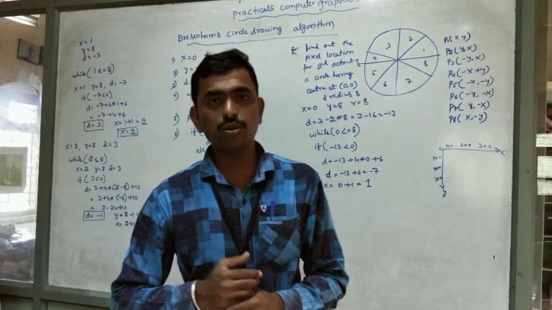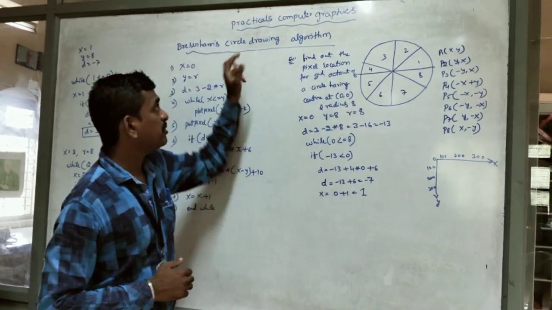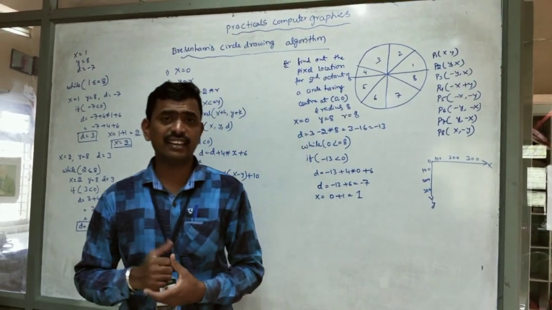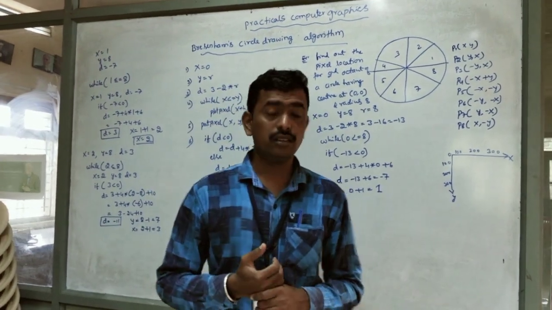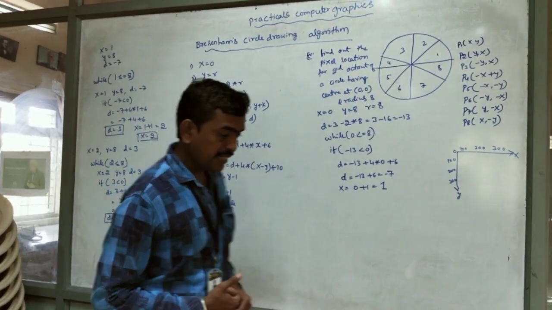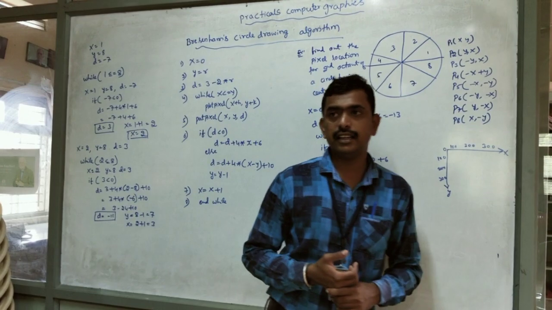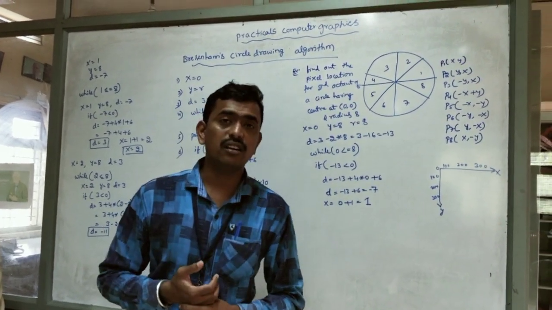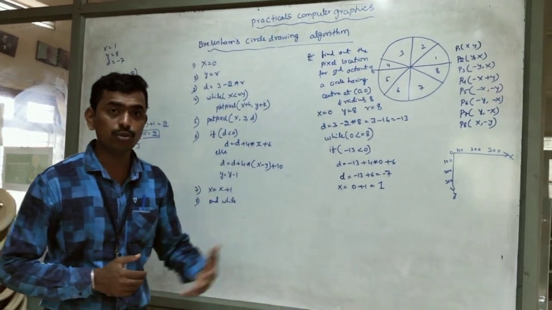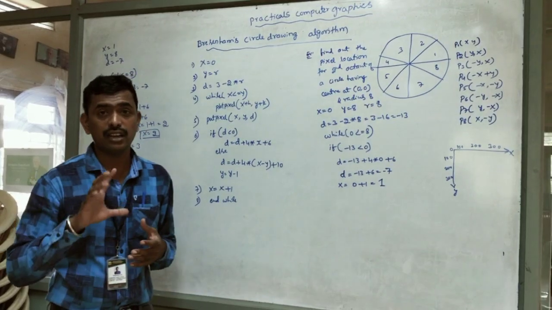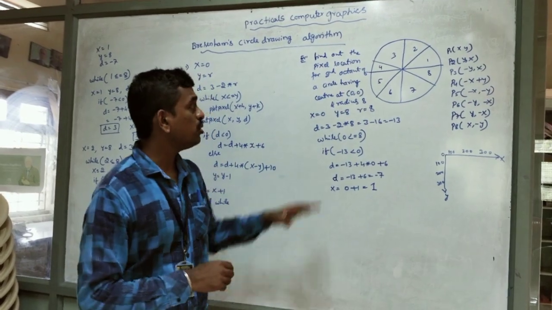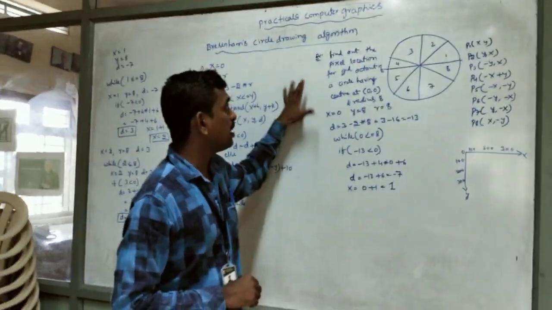But today's session discusses Bresenham's circle drawing algorithm, how to obtain a circle in the computer using Bresenham's algorithm. The DDA algorithm has many demerits in drawing a line, but this drawback is overcome by Bresenham's line drawing algorithm. You already know the theory part, but today's session discusses how to generate a circle.